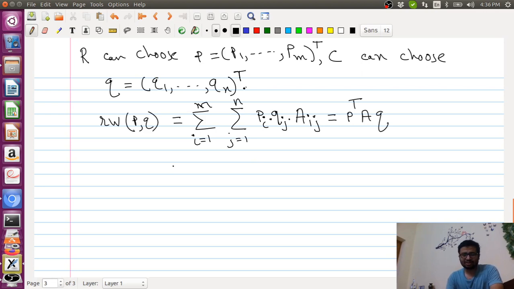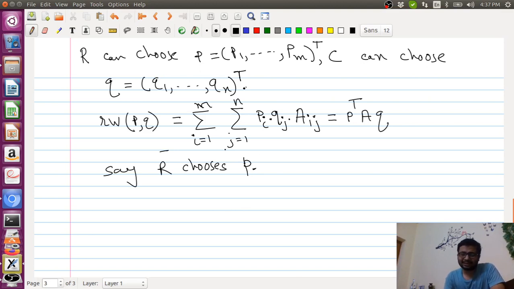So in that case, what will happen? R of course wants to maximize R's reward W of P comma Q. Now let us say R chooses P. Then what will C choose?